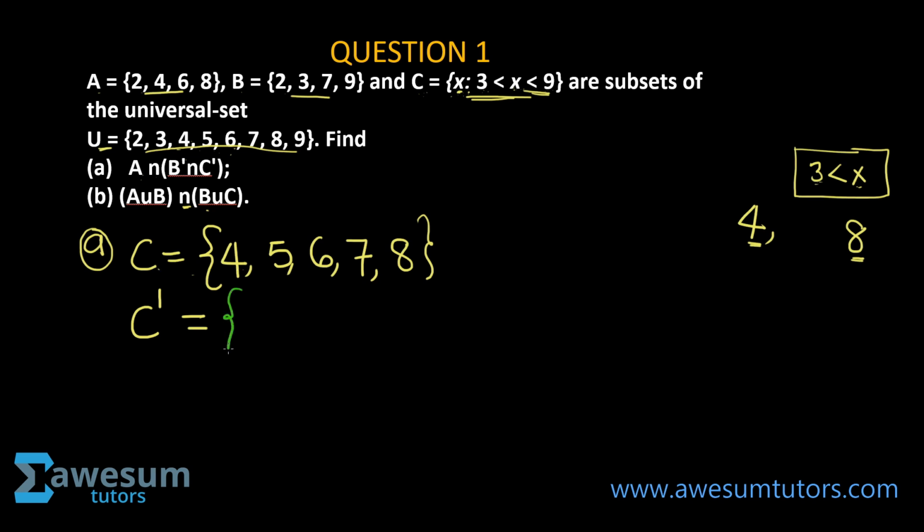So if you look at this, 2 is right here, but it is not in C. So that means the C complement is going to include 2. 3 is in the universal set, but it is not in C, so I'll put 3. 4 is here, 4 is here. 5 is here, 5 is here. 6 is here, 6 is here. 7 is here, 7 is here. 8 is here, 8 is here. 9 is here, 9 is not here, so you put 9.